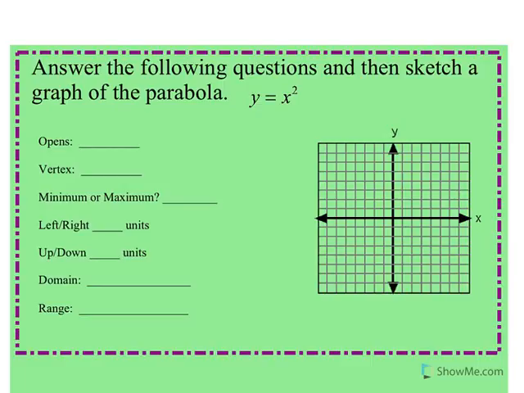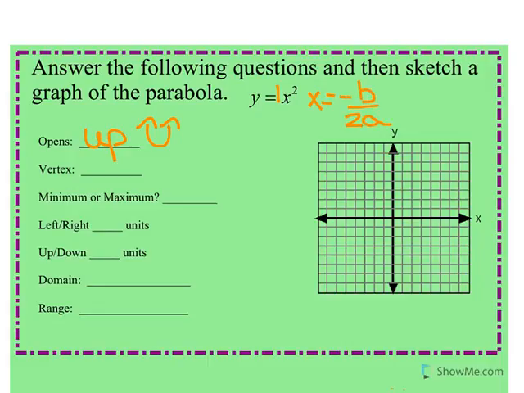So let's take a moment and look at our first one. It just is the parent function, y equals x squared. Notice the a, or the number on the x squared, the coefficient, is a 1 that is positive. So because this is a positive 1, that means our parabola opens up. The vertex is located at x is equal to negative b over 2a, just like we've been practicing.